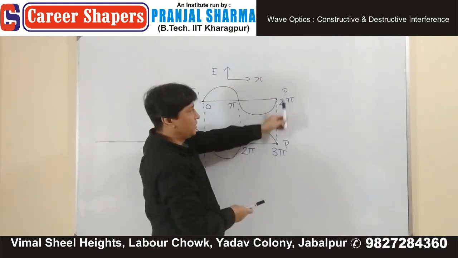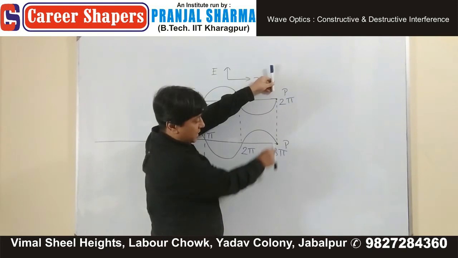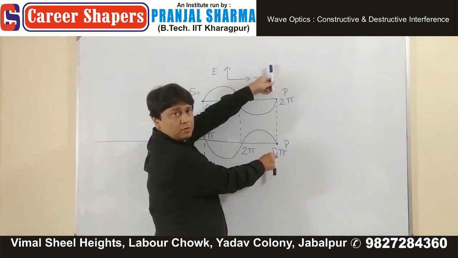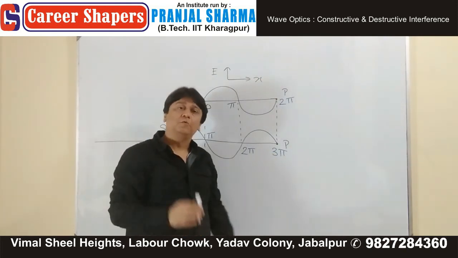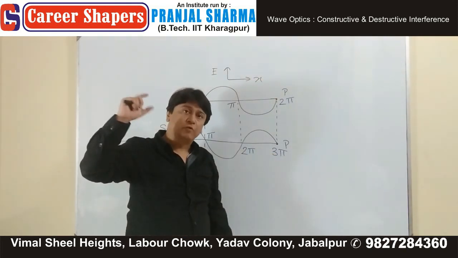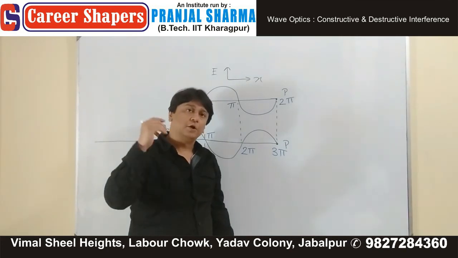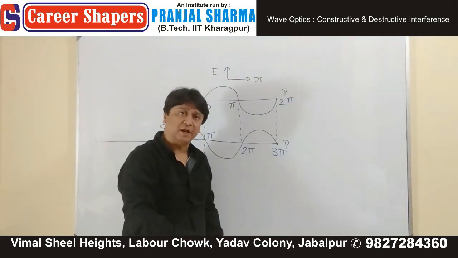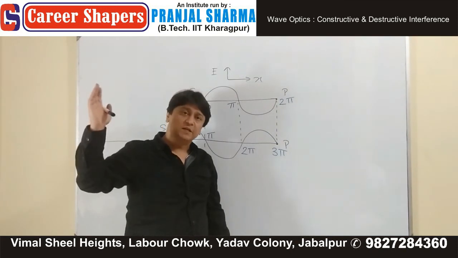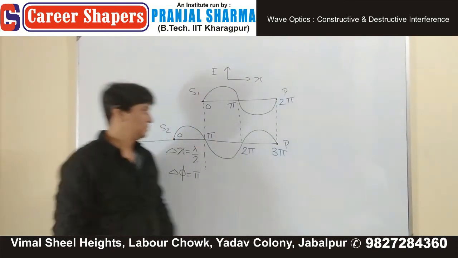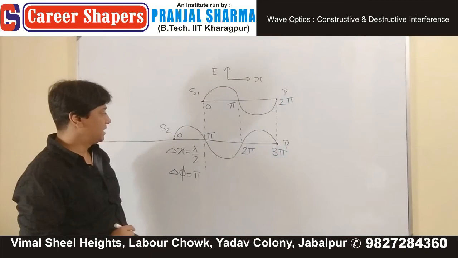So if electric field is 10 up, 8 down, what will be the total? 10 minus 8, that is 2. Which means you are reducing the amplitude of electric field, you are reducing the intensity, and therefore it is becoming darker, which is called destructive interference.